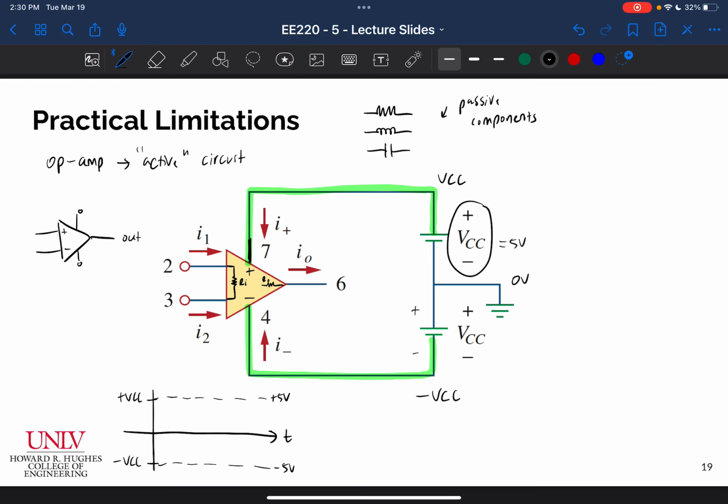That's a very important practical limitation, because when I first learned op amps, and I learned that all you had to do, for example, for a non-inverting amplifier, where I have my input signal on the plus terminal, and then my minus terminal, I've got my feedback.